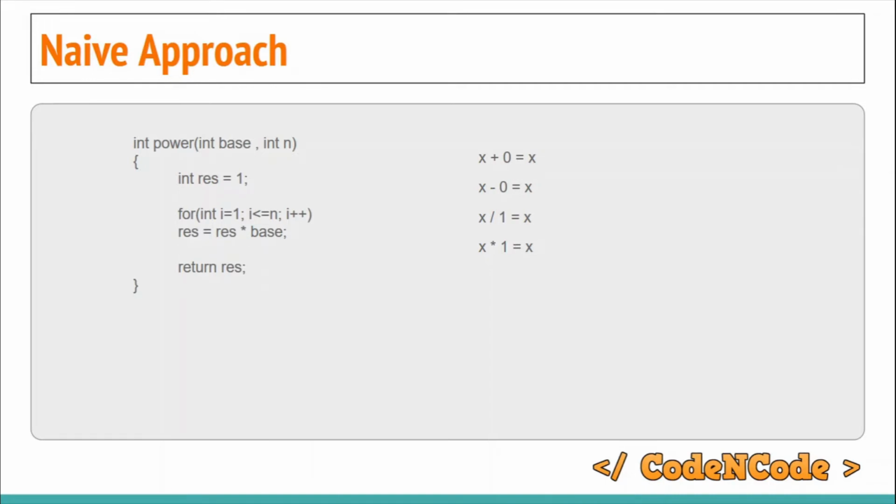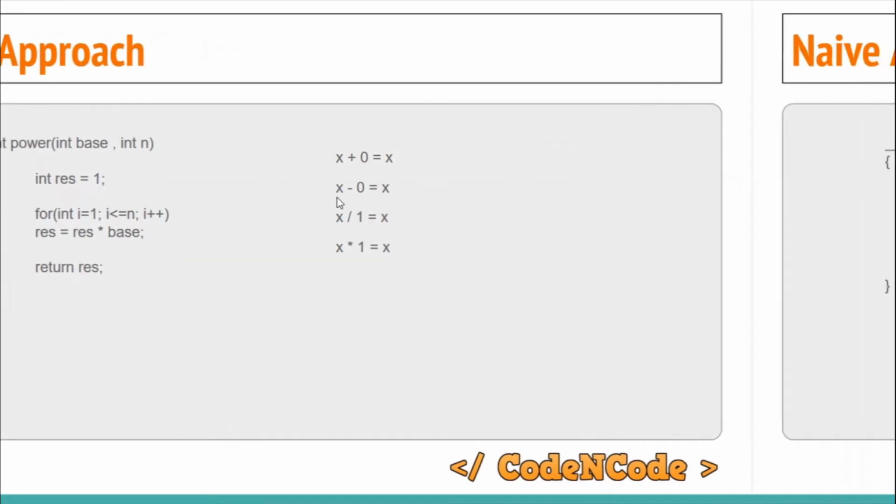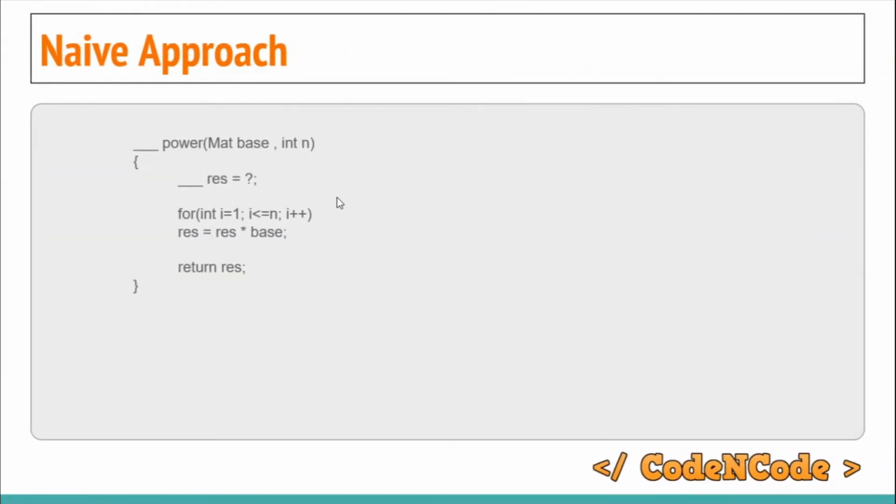This is an important concept, because that is why we initialize result with 1: we are using the real multiplication operator, and for the multiplication operator the identity element is 1. This may sound like a very childish thing to study, but believe me, this is going to help us analyze this code.